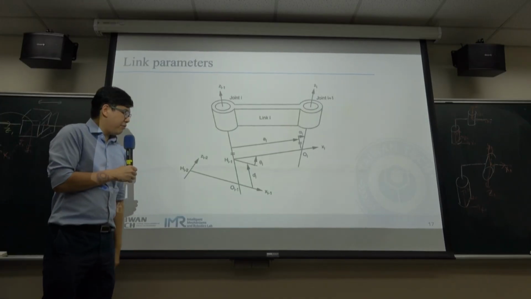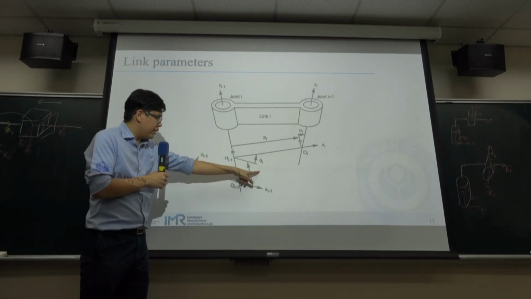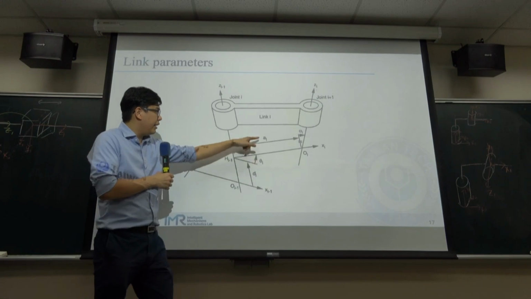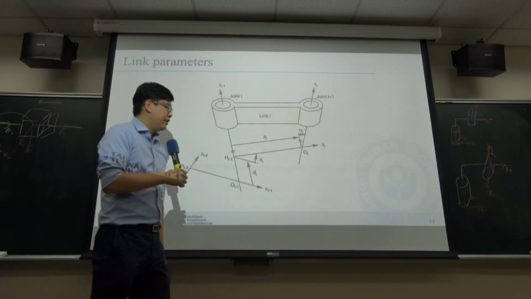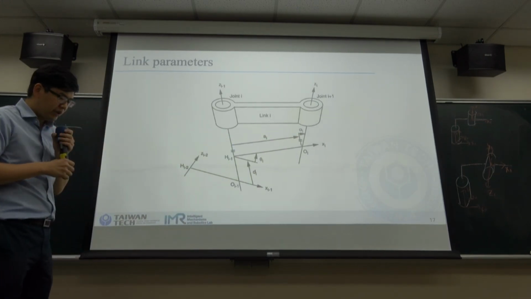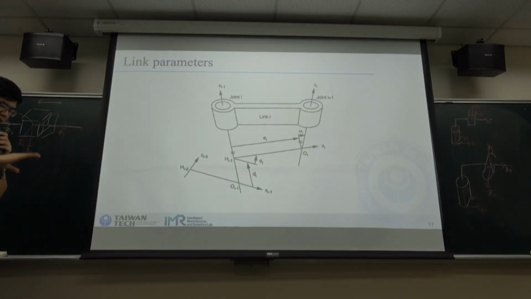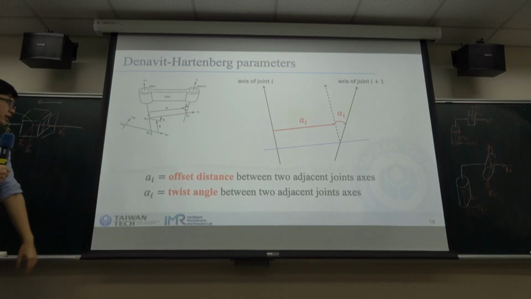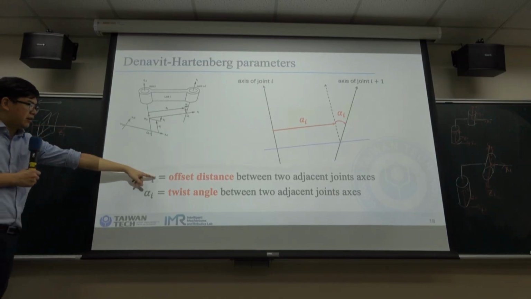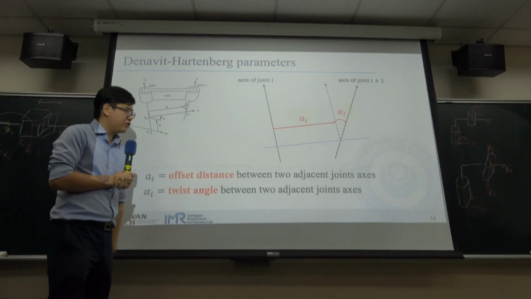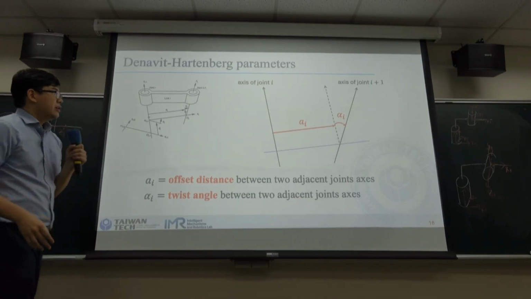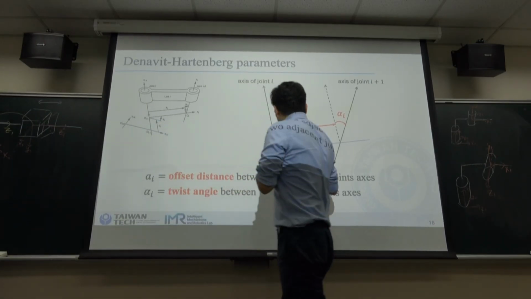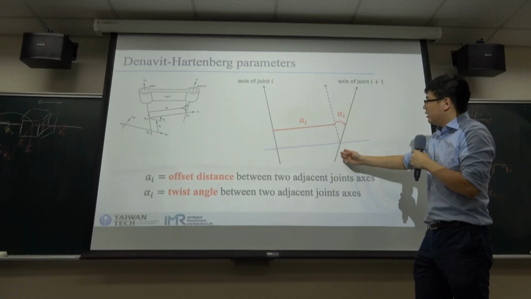The four DH parameters are d, theta, a, and alpha. Through these four parameters, we can describe the two relative coordinate frames. The a is the offset distance between two adjacent joint axes, joint i axis and i plus 1.